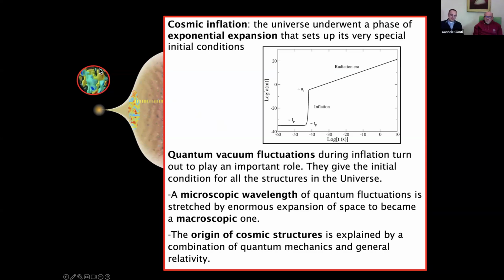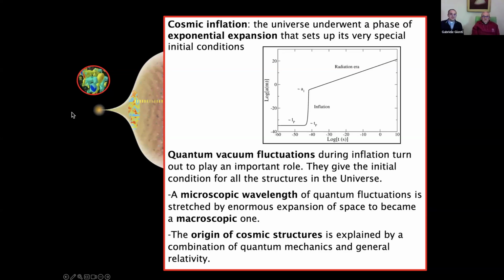You have these microscopic wavelengths of quantum fluctuation that are stretched by the enormous expansion of space and become macroscopic fluctuations. And this is at the beginning of the cosmic structures that we observe today. And in order to explain this process, you need both quantum mechanics and general relativity. We are very close to this Planck scale that I tried to mention before.